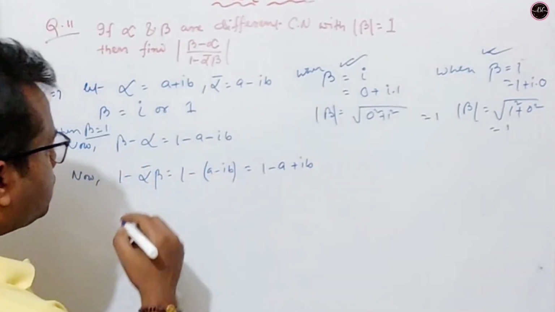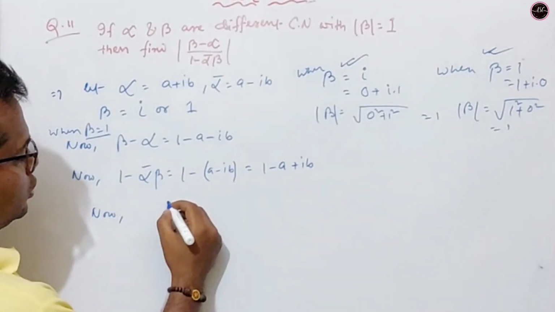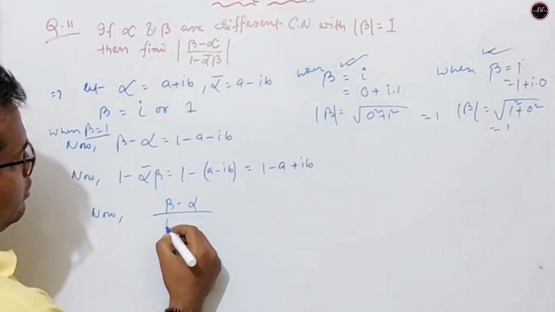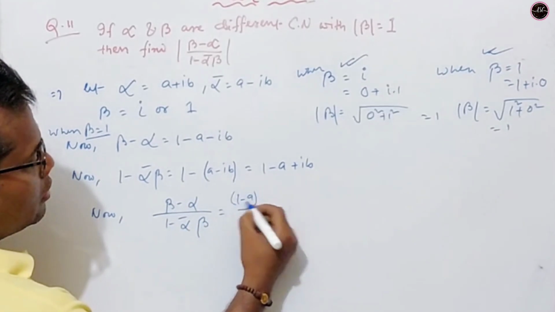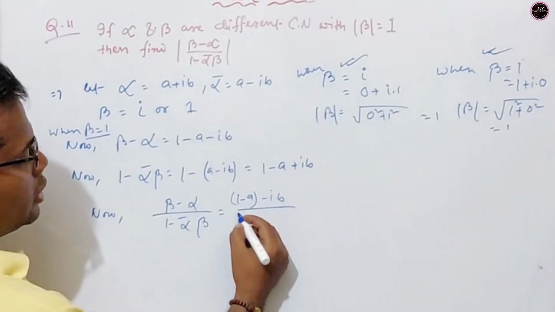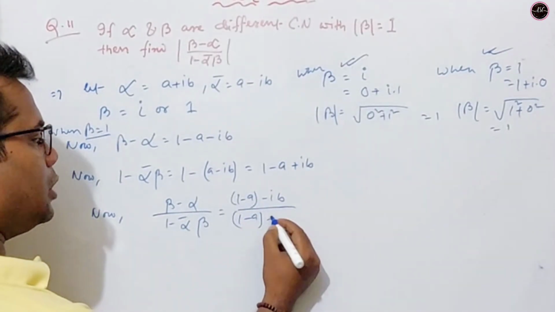Now (beta minus alpha) divided by (1 minus alpha dash beta) equal to (1 minus a minus ib) divided by (1 minus a plus ib).